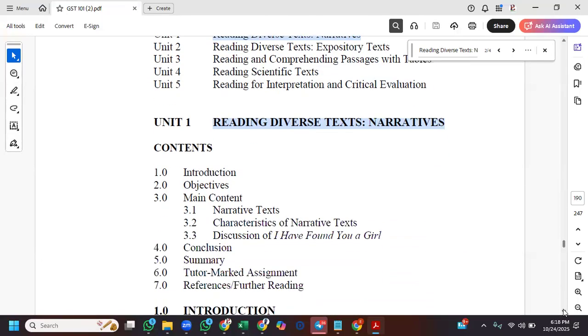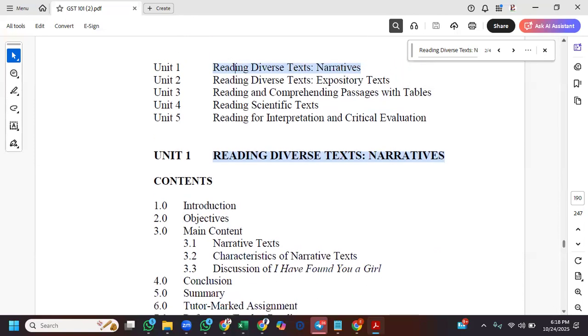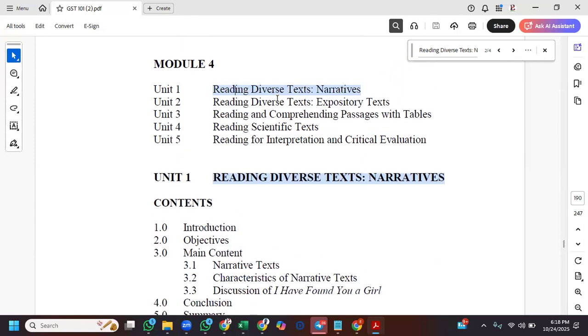So now we are going to be dealing with several things on this module. Reading diverse texts like the narratives, the expository, and then reading and comprehending passages with tables and charts. We have some passages that have tables, that have charts. How do you read and understand them? When you get to some of your courses that have tables and charts, how will you understand the reading?